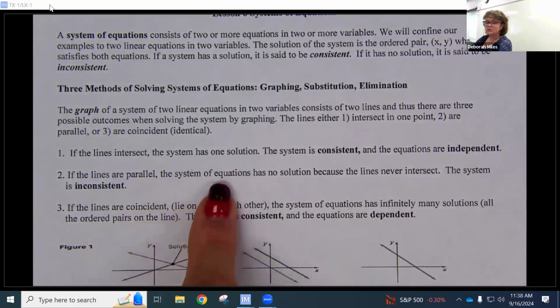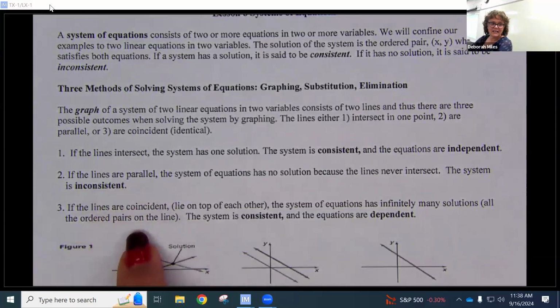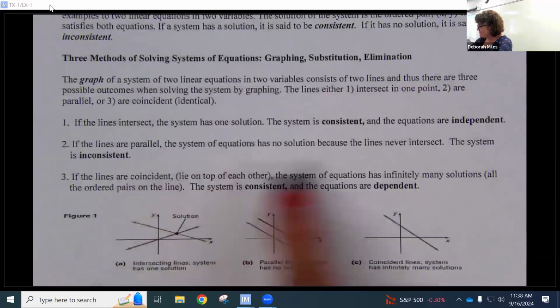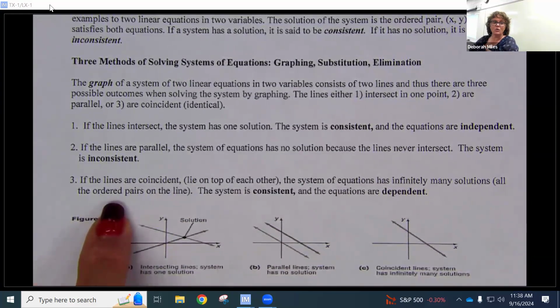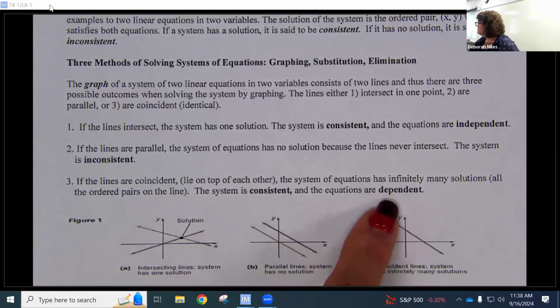And when there are no solutions, we say the system is inconsistent. And then the third thing that can happen, one line lies right on top of the other, and the system of equations has infinitely many solutions. All the ordered pairs that are on the line, we say the system is consistent and the equations are dependent because really they're the same equation.